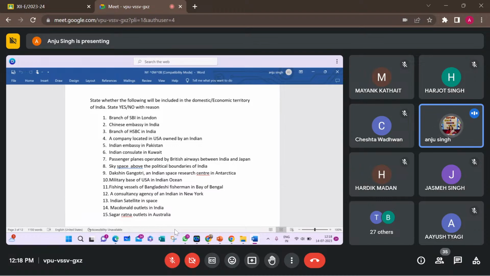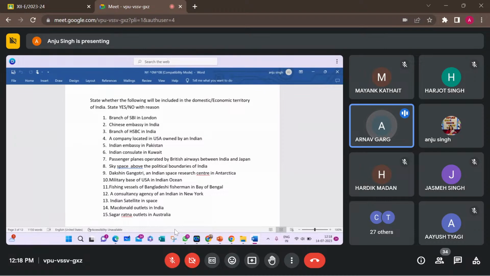Question number 12. A consultancy agency of an Indian in New York. Will it be included in domestic territory of India or not? No. Why not? Arnav, yes or no? No, ma'am. Why not? Ma'am, because it is not located in the domestic territory of India, it is located in the domestic territory of the United States. The consulates and embassies come together under one category, and they are considered in the domestic territory of the country they belong to.